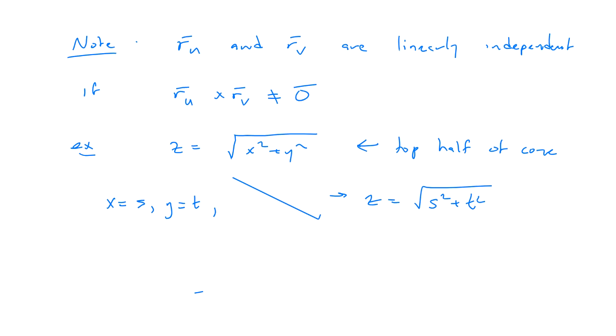Then to see if it's regular, we first say that we're plugging in any values of s and t, so that's fine. And now we need to look at the partial derivatives to see if they work. In this case, we're using s and t instead of u and v.